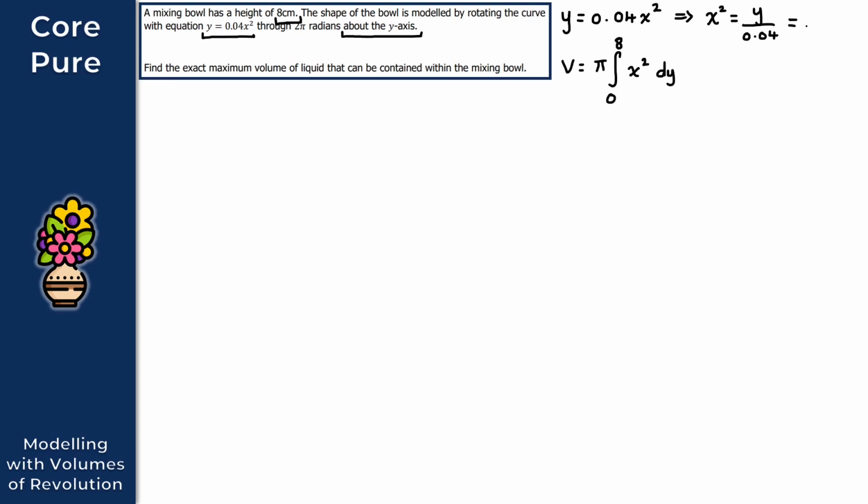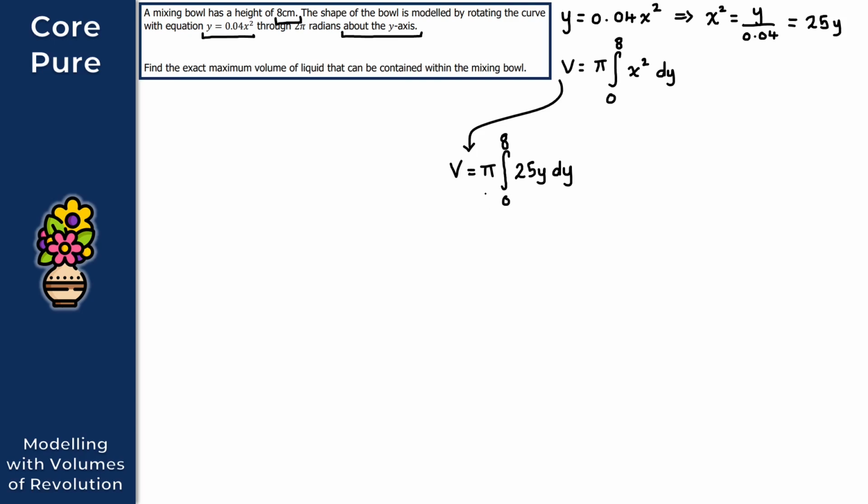So I get 25y. Now for V we can write V is equal to pi times the integral from 0 to 8. Just notice the limits don't change. Of x squared, which is 25y, with respect to y, so dy.